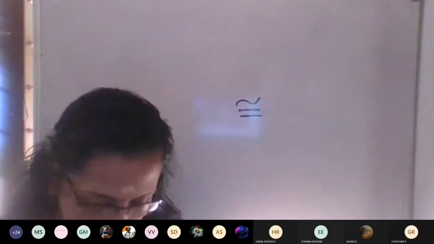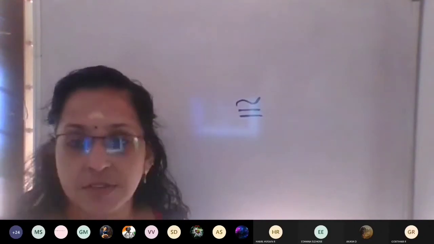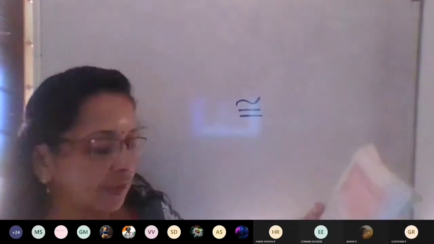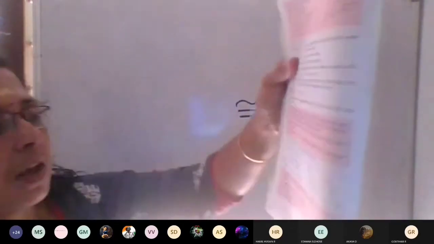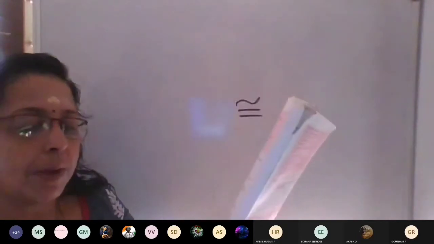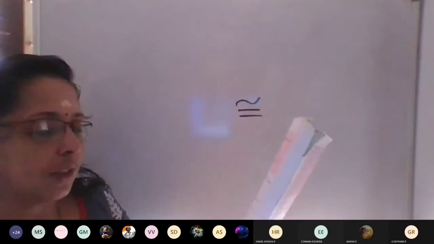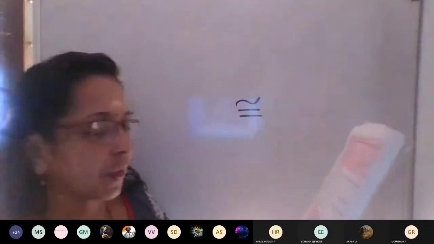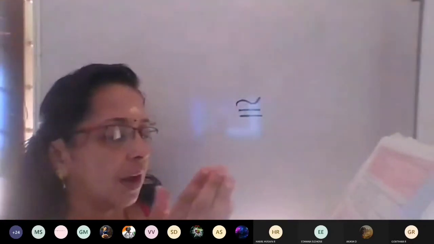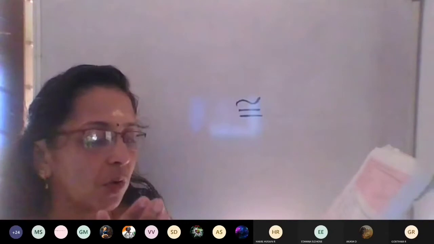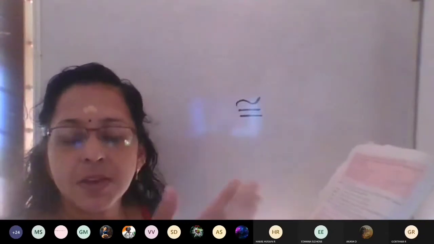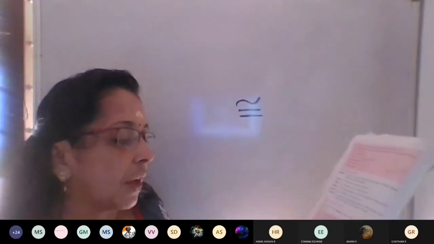Then corresponding sides, very important for next year. Corresponding sides and corresponding angles. Congruent figures always coincide by superposition, that is, by placing one figure over the other. First point, very important.